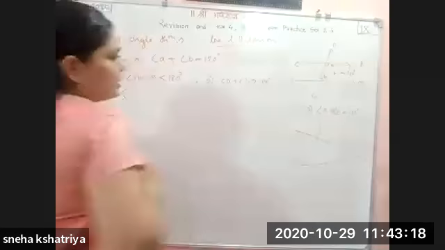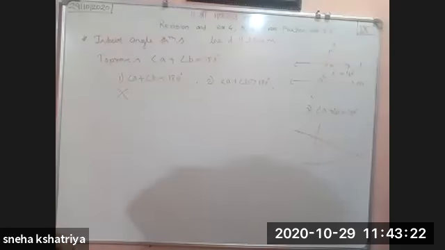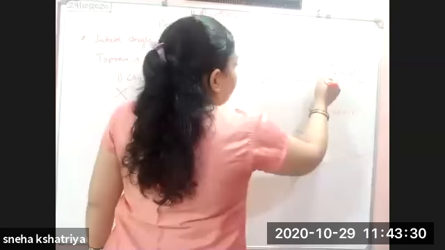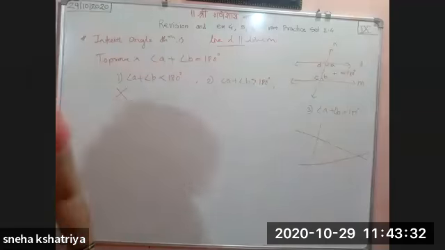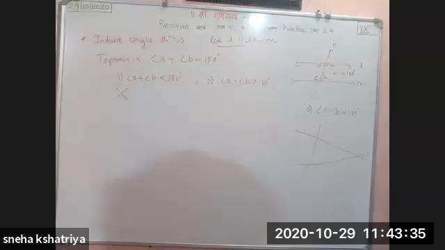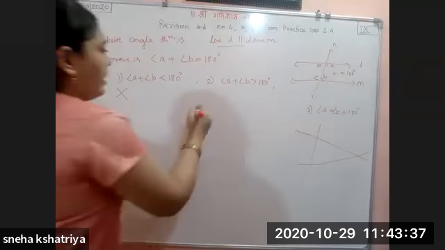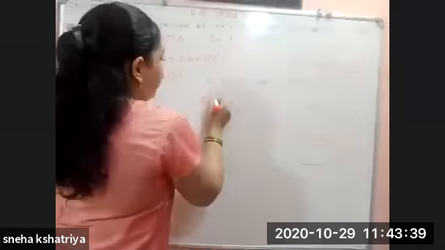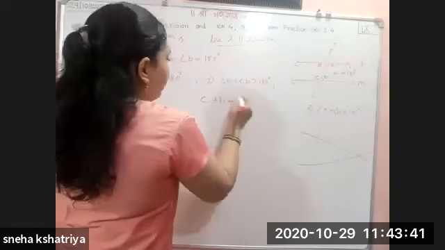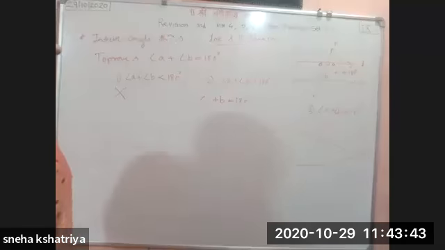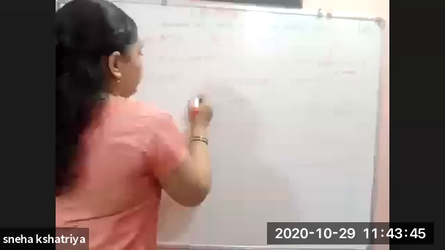Again, we have considered the second condition, that A plus B is greater than 180. Then if it is greater than 180, and also we have taken angles C and D here. Okay. So we get C plus D. Then here we have considered angle C plus angle D is equal to 180.